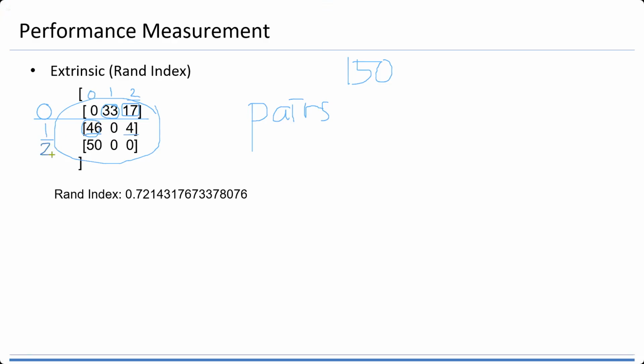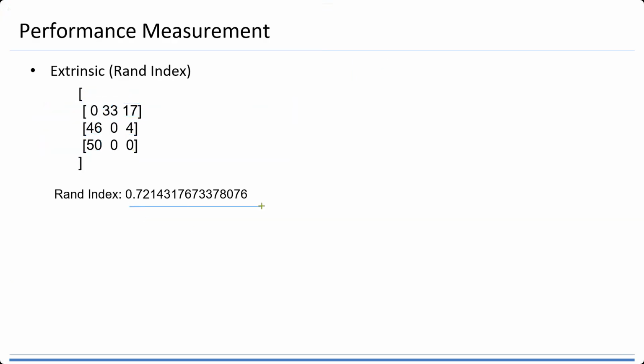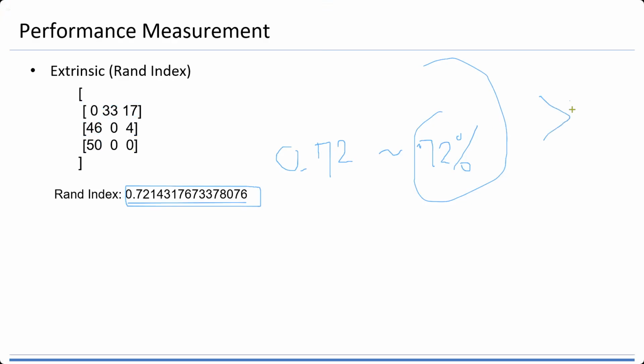And the index 2, which is virginica, belongs to cluster 0 for 50 data, and the remaining are 0. And you can calculate the Rand index, which is 0.72, or sometimes we call this 72%. In some cases, this is considered good because it is still higher than 70%. But of course, we want to get higher. The higher is the better.